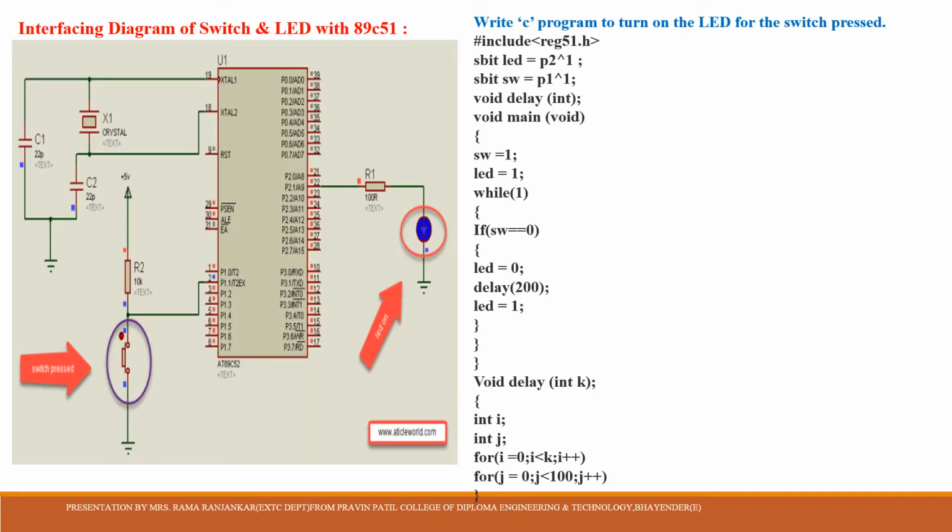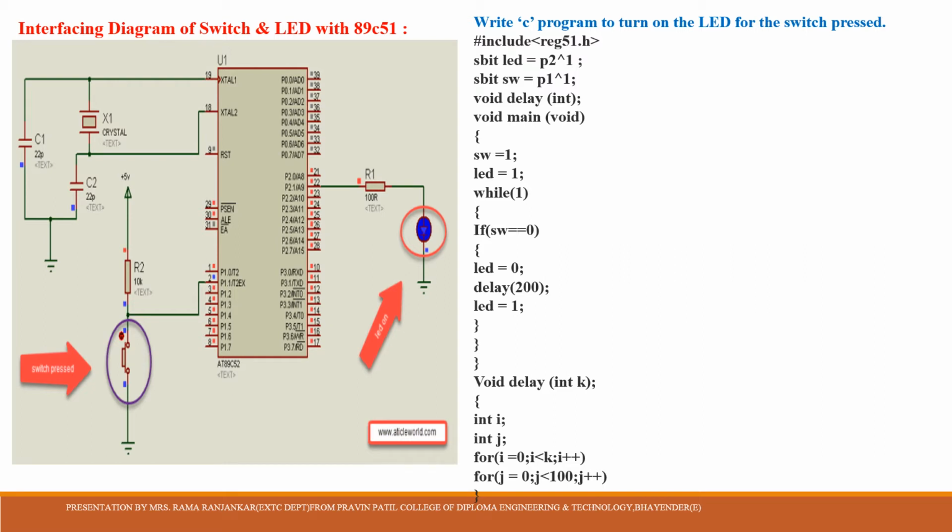Another is interfacing of an LED along with a switch with 89C51. In this diagram we use an input as well as an output device. The input device is a switch and the output device is an LED. The switch is connected to P1.1 and the LED is connected to P2.1.